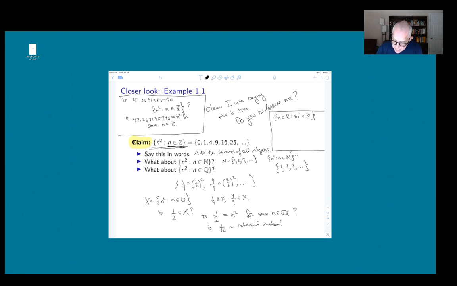And if n is in R and the square root of n is in Z, that means that the square root of n is equal to some integer z, so n is equal to z squared, and z is in Z. In other words, n satisfies this condition. It's the square of an integer.